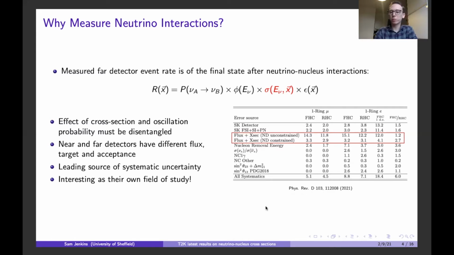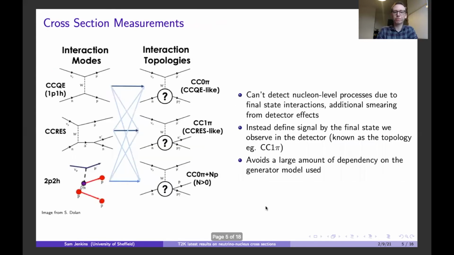So it's really important that we work to understand neutrino cross-sections so that we can drive down these uncertainties, particularly as we move forward to future long baseline oscillation experiments where we'll no longer be limited by statistics. Additionally, as well as for inputs to the oscillation analysis, a good reason to measure neutrino interactions is because they're interesting as their own field of study.